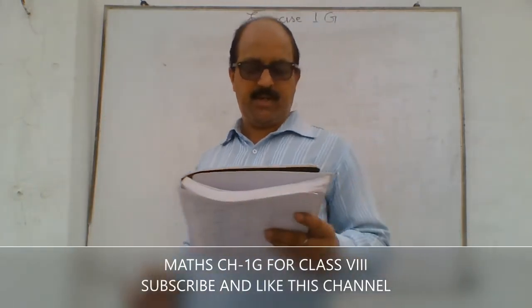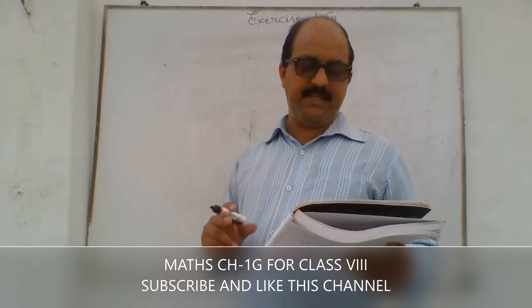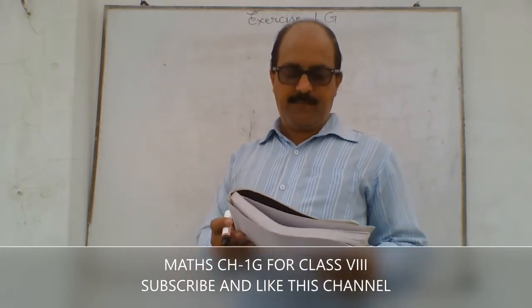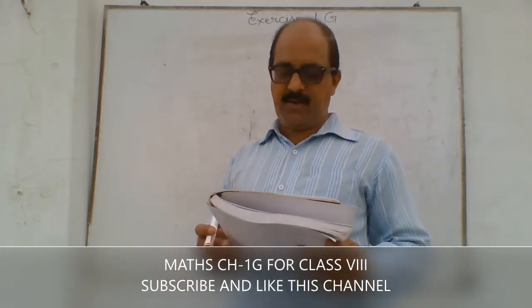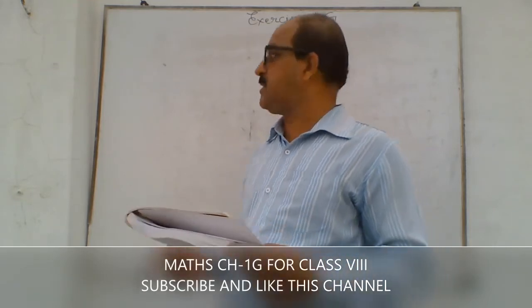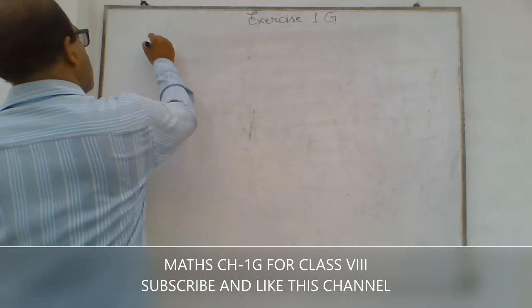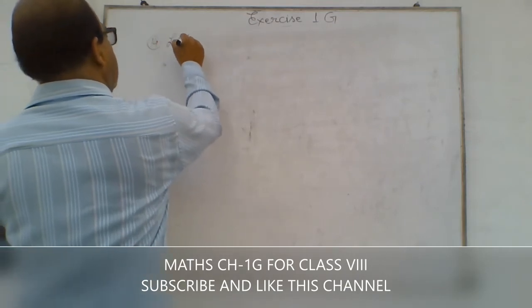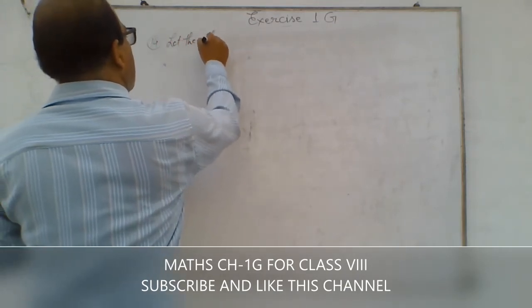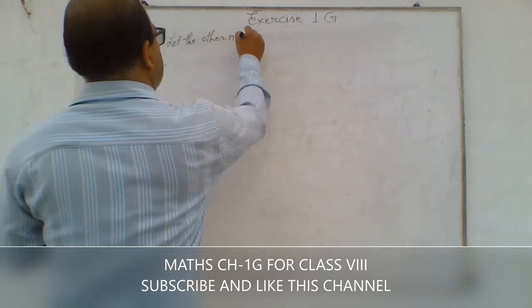Number 14. The product of two rational numbers is 9 whole 3 by 5. If one of the fractions is 9 whole 3 by 7, find the other. Let the other number be x.